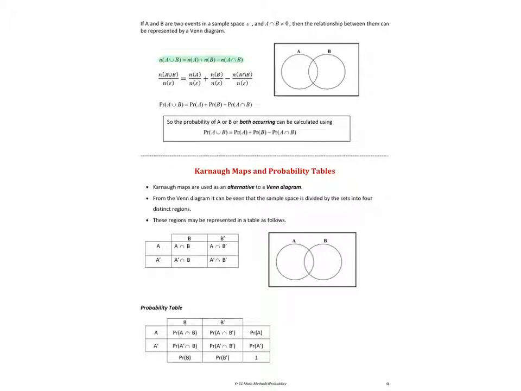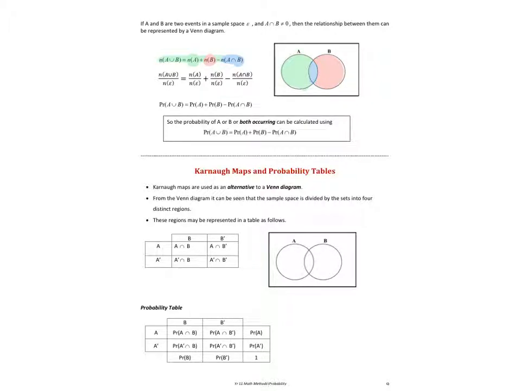If I want to know the number of people that did both, if I just add up all the people in that green circle and then add all the people that were in the red, these people here we count twice, which is why we subtract them off.